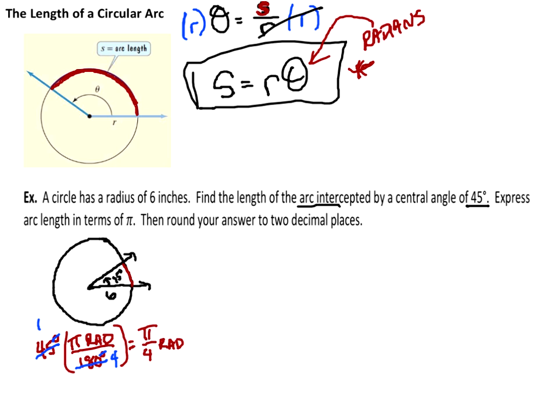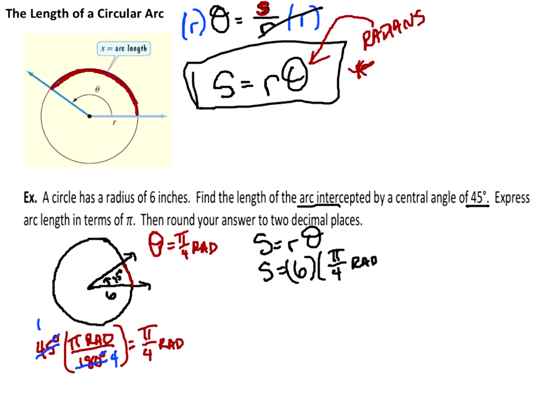So now my angle theta is equal to pi over 4 radians. Now I'm ready to use the formula. Arc length equals radius times theta. So my arc length is 6 times pi over 4 radians.